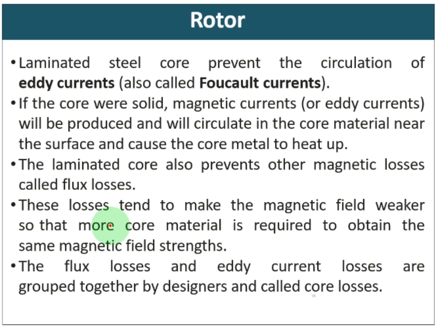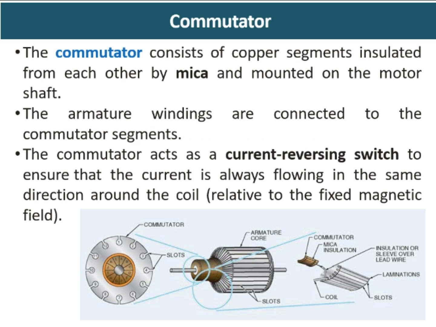Then we come to the other important part, which is called the commutator. So the commutator is actually constructed using a number of copper segments insulated from each other by mica and mounted on the motor shaft.